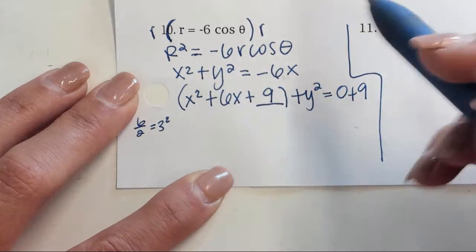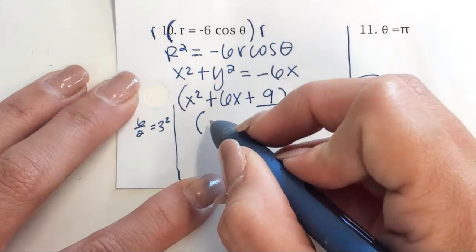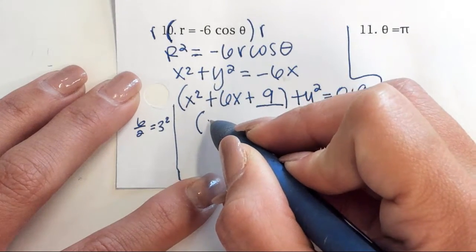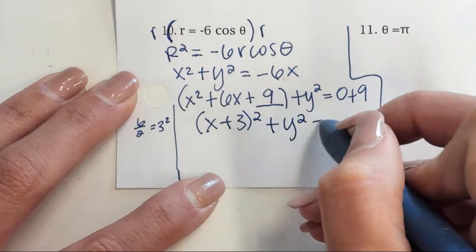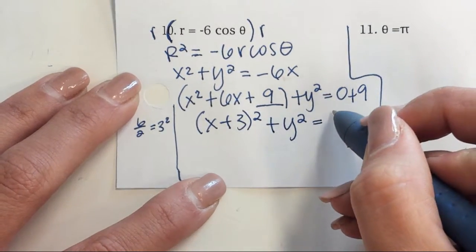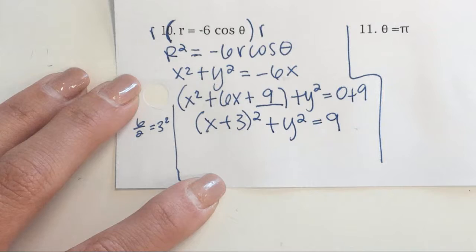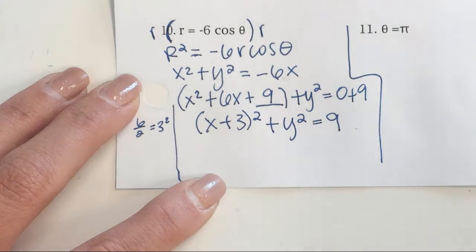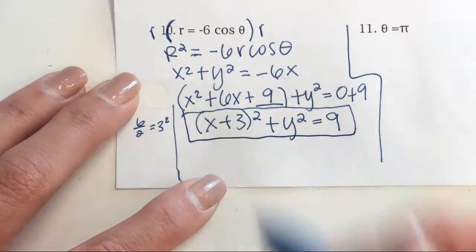What factors of 9 add to be 6? 3 and 3, so I can rewrite this as, very good, plus y squared equals what? 9. Is this a rectangular equation? Yes, it's what type of equation? It's a circle. Very good. Questions about that?